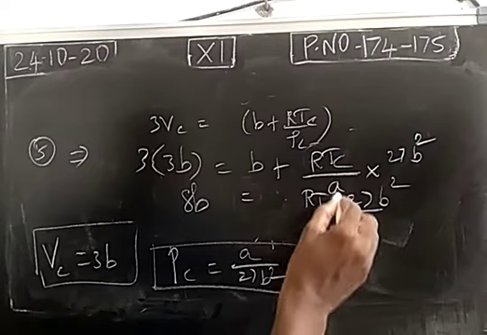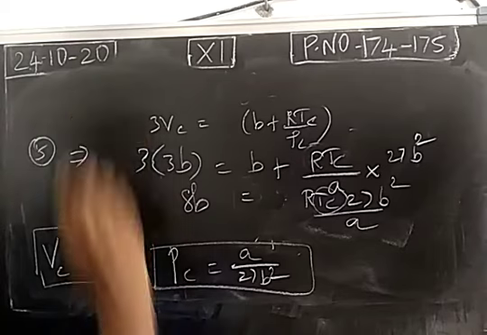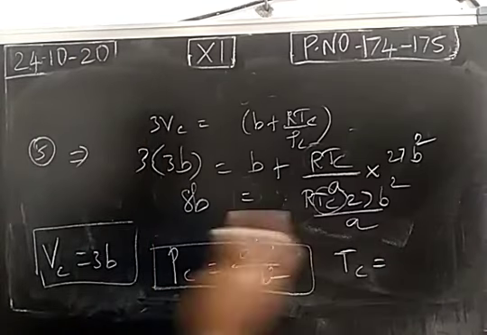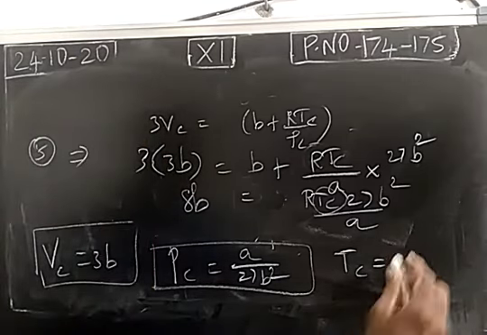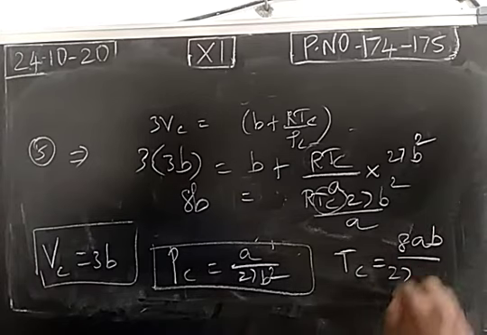We need critical temperature. Already critical volume and critical pressure are calculated. So the remaining factors will be moved into the left hand side. So Tc is equal to, already 8b is there, a comes to the left hand side, 8ab divided by 27Rb square.